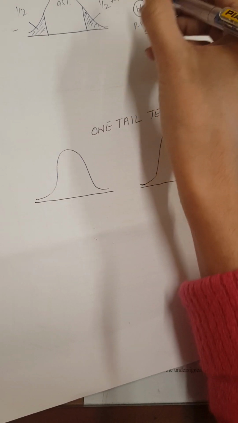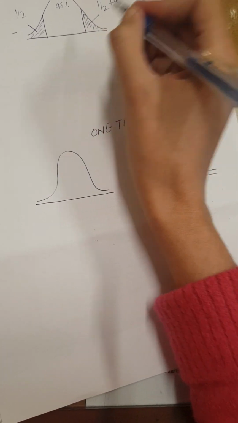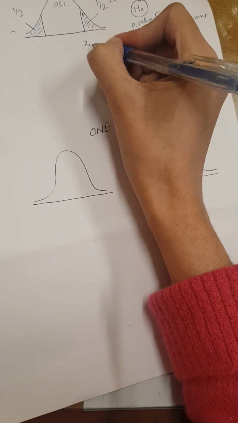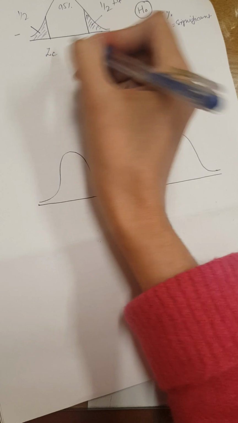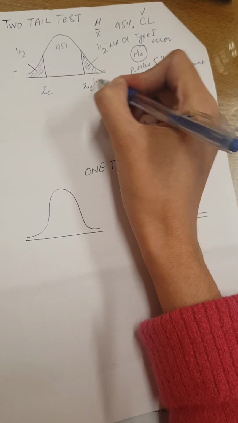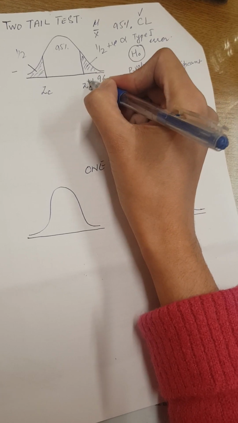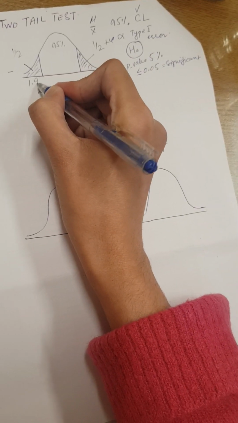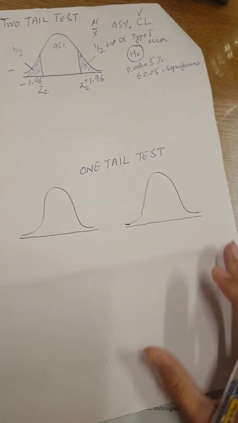And our critical values at 95% confidence level, which are also called the z-scores, we all know from the standardized tables, are 1.96 positive here and 1.96 negative here.